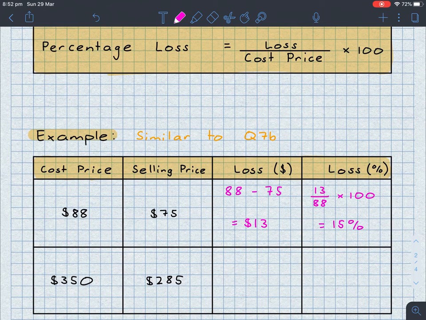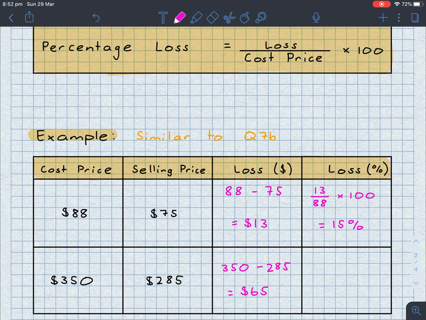I'll do the same again here. Let's say I bought a nice new TV for $350, but then I sold it a couple years later for $285. So the loss is what I bought it for, take away what I sold it for. So $350 take away $285 is $65 that I've lost.